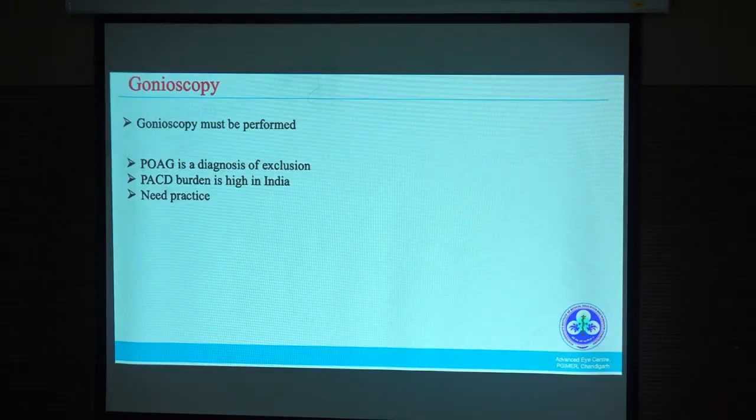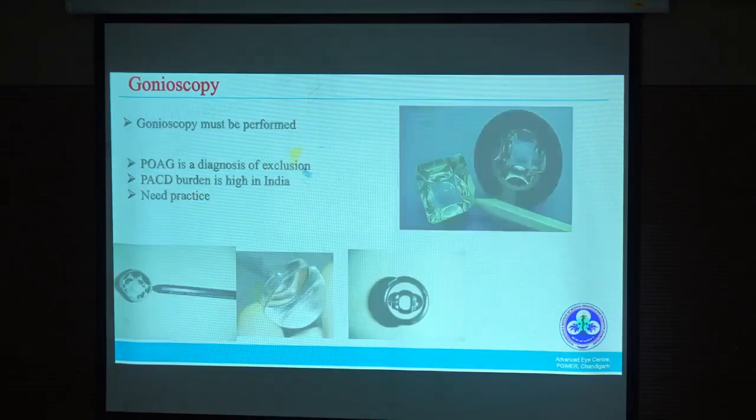So gonioscopy must be performed. POAG is often a diagnosis of exclusion. The angle closure burden in our country is so high, so everyone must learn gonioscopy, and it needs practice. Do gonioscopy, and you will find different types of findings.